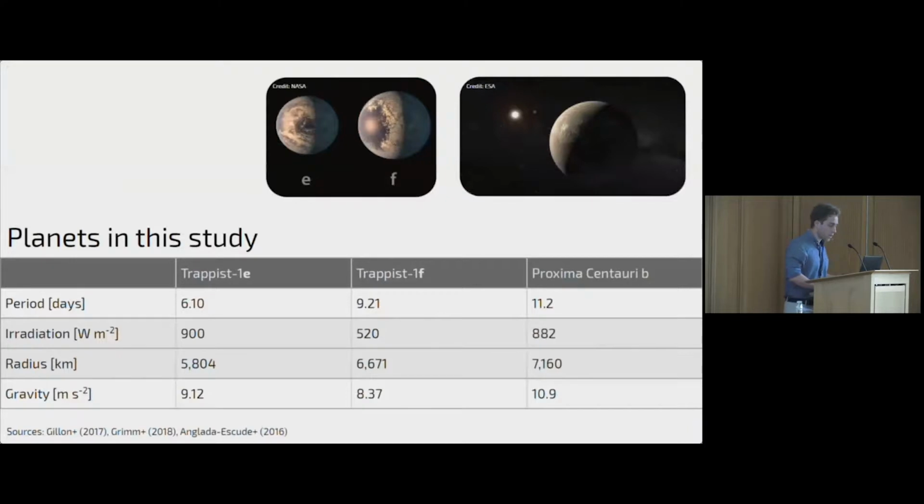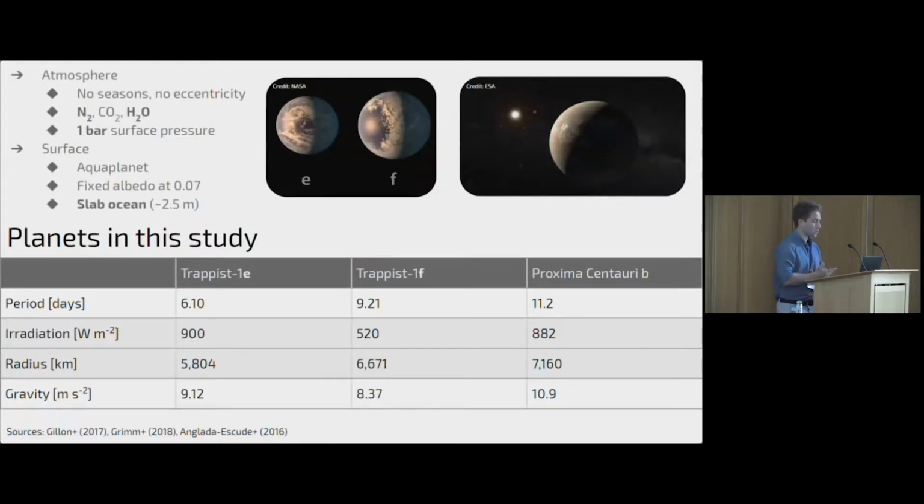And as you can see from this table, in terms of their orbital and size characteristics, they're fairly close to each other, but they do vary in terms of their rotation period, and of course TRAPPIST-1e receives more radiation than TRAPPIST-1f, while Proxima b is quite close in this regard.